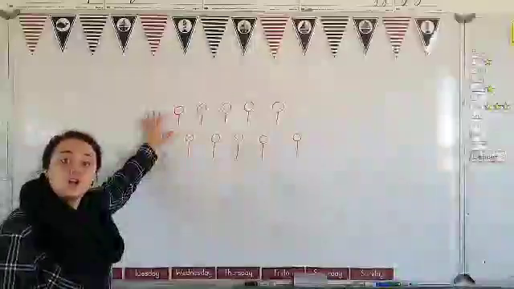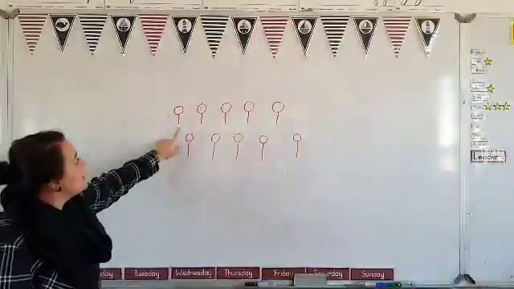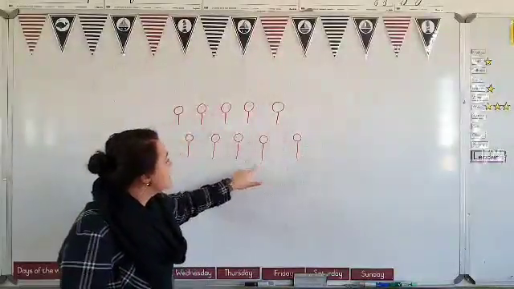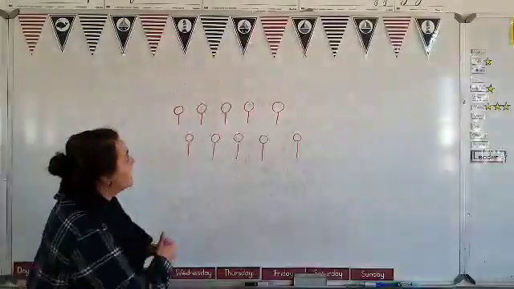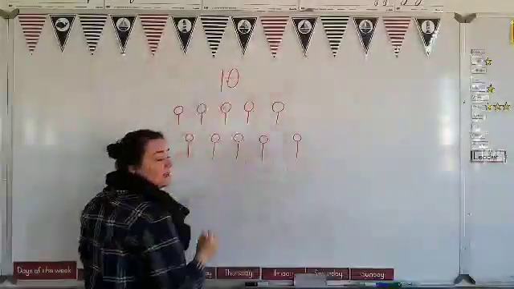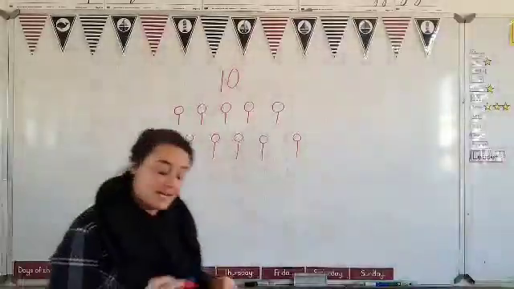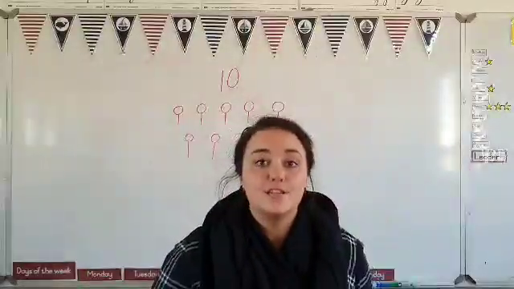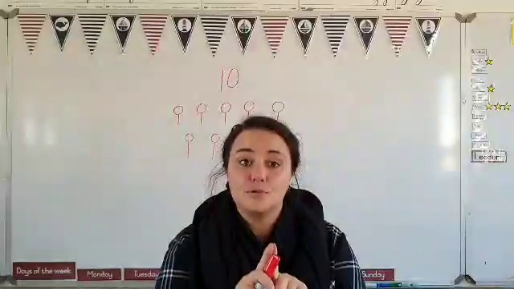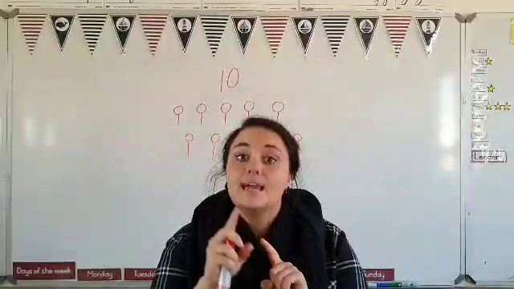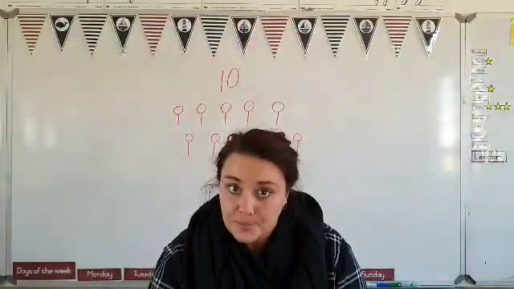Here we have lollipops. We have 1, 2, 3, 4, 5, 6, 7, 8, 9, 10 lollipops. Now remember, again, division is when we share something into groups. A very important word that I did not mention before is that it has to be equal groups.